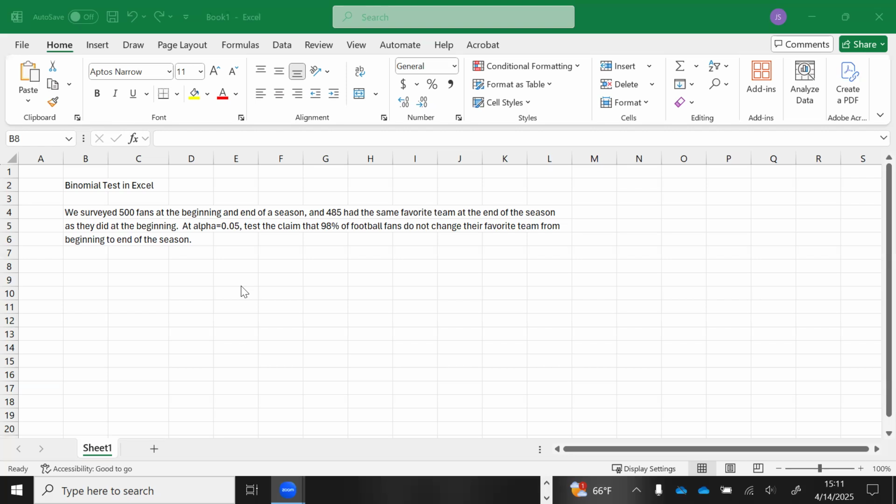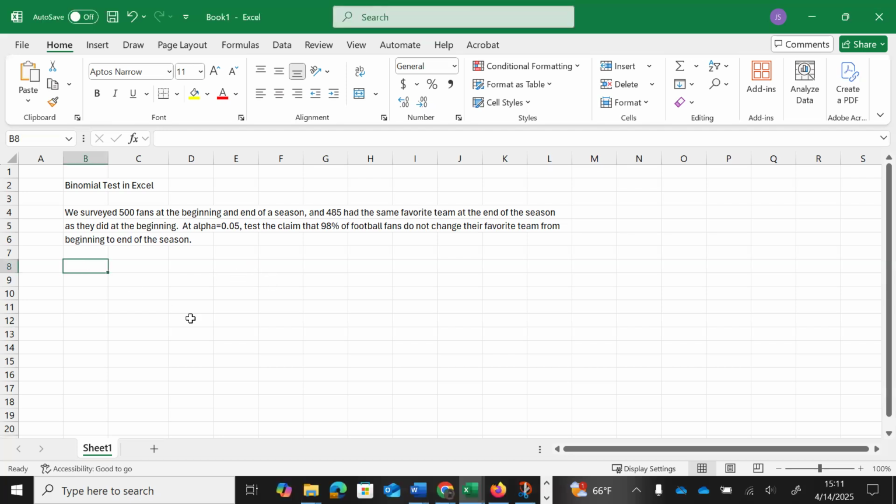To test this, we did a survey and found that out of 500 fans, 485 of them had kept their favorite team from the beginning to the end of the season. Now the question is, at alpha equals 0.05, is that sufficient evidence to reject the null hypothesis of 98%?